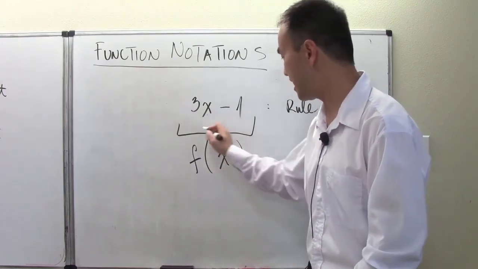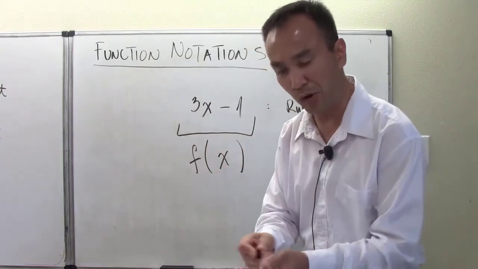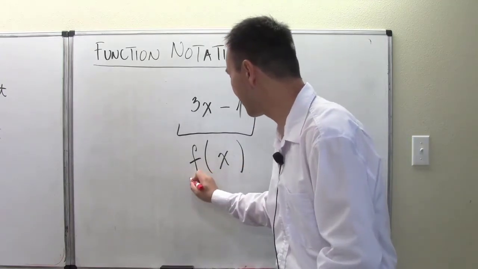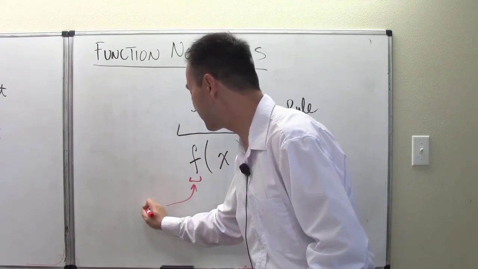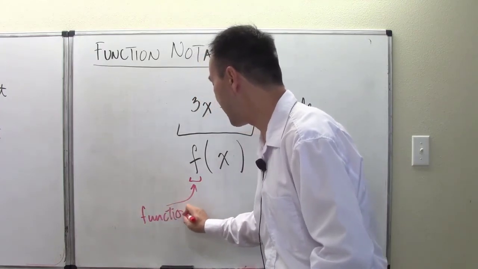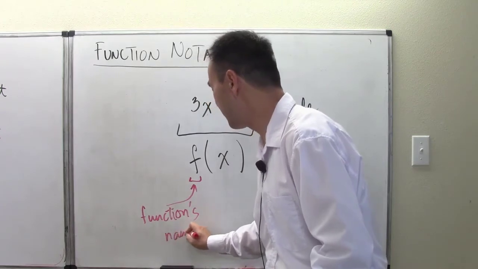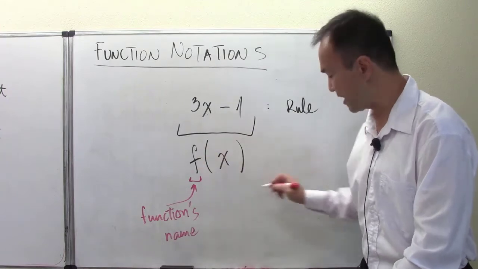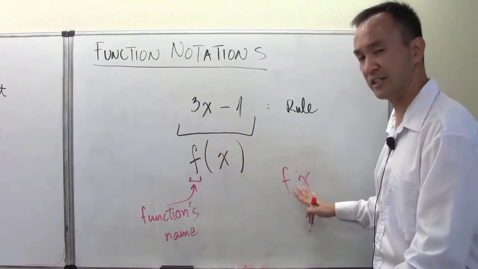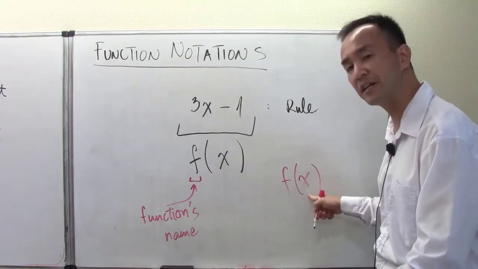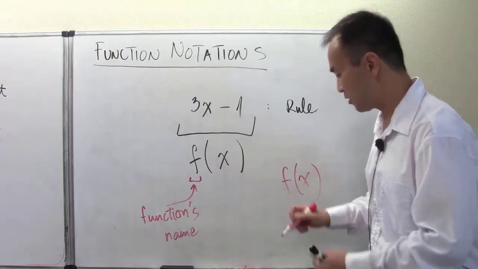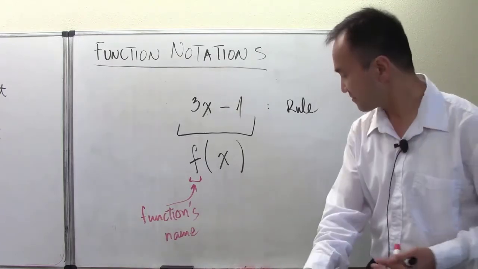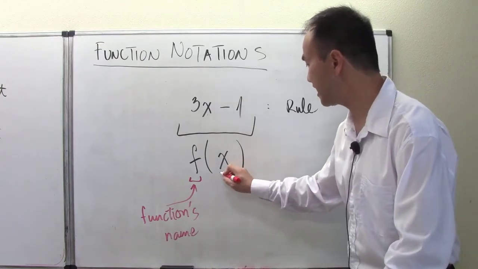Okay, so now with this notation, let me break it down even more in detail here. Just the f itself. This is our function. It's the name of the function, or for short, it's the function's name. Just that letter. And then the x: if you just write fx right here, it's not enough. You have to indicate the x with a pair of parentheses around. This is the proper notation for that. So the x that appears inside the pair of parentheses is an indicator.